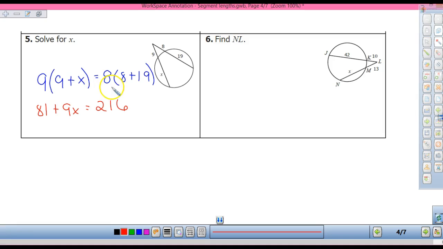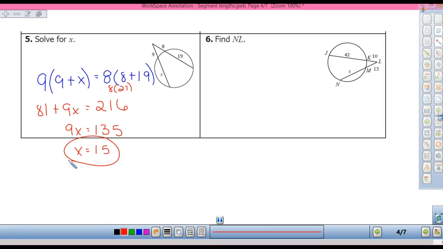So order of operations, you're taking 8 times 27. Then subtract your 81, 9x equals 135, x equals 15. Questions on where we got those numbers from?